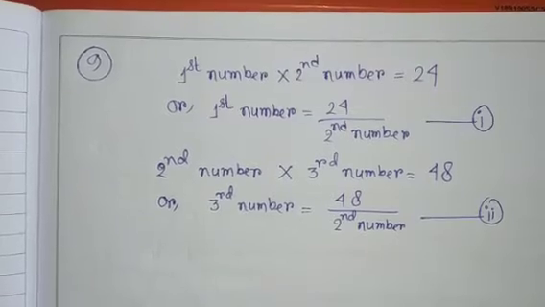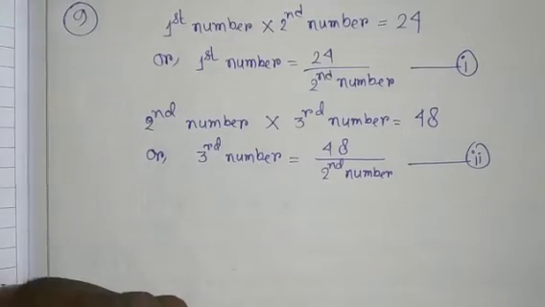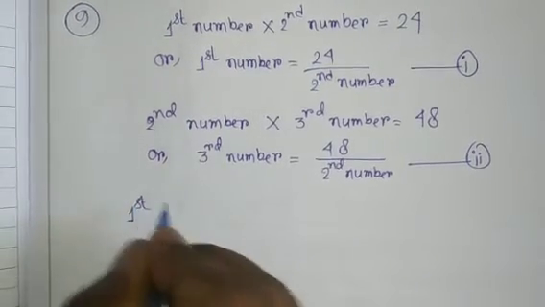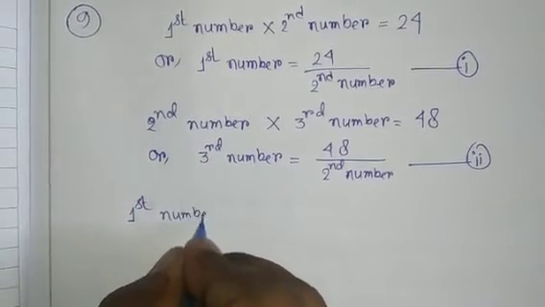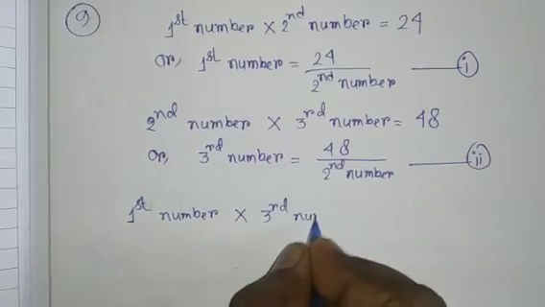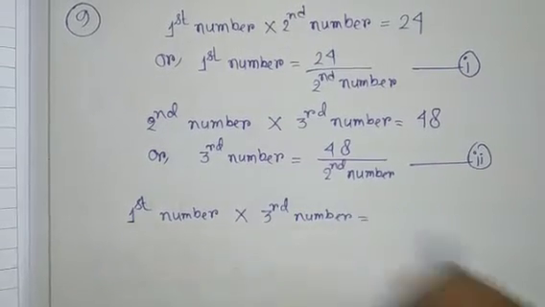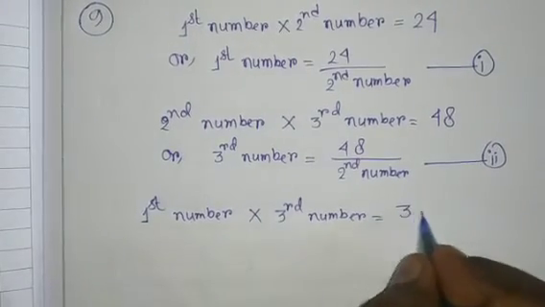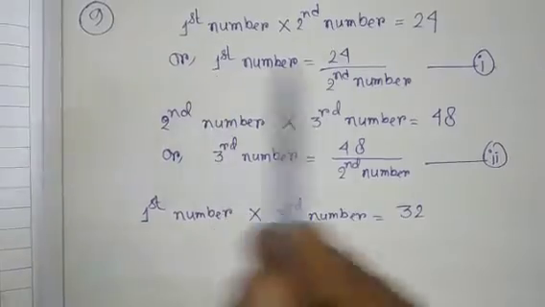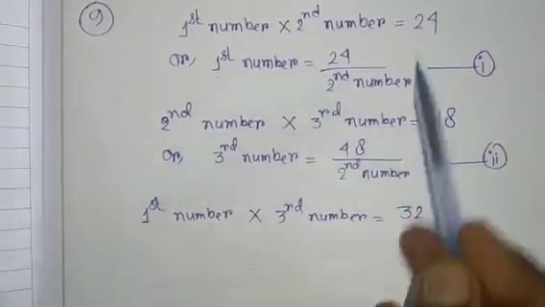Now, we have one more condition. It says, first number multiplied by third number is equal to 32. Now, look at equation number 1. From here, first number is equal to 24 by second number.